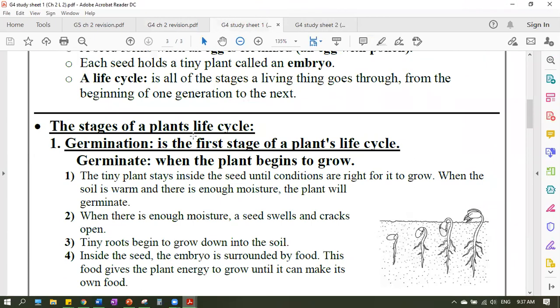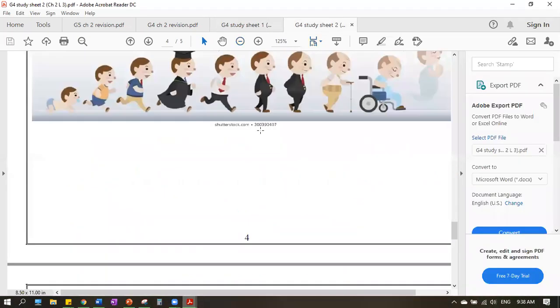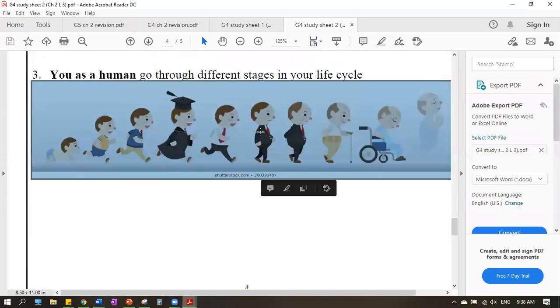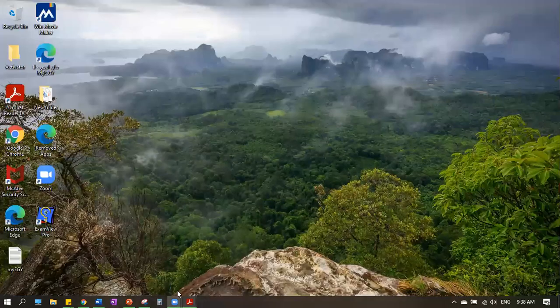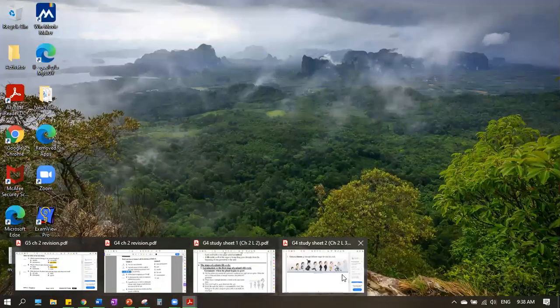If you guys remember, we learned about the life cycle first in lesson 2 about the stages of the plants, and humans have a life cycle too, right? Maybe we don't change that much during this life cycle. We still look like humans as young ones, but we go through a life cycle. So all living things go through a life cycle during their lives.